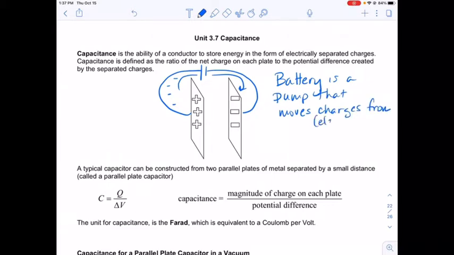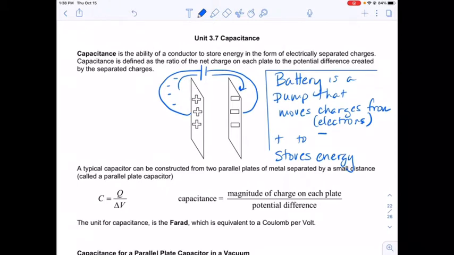Those charges, by the way, are electrons. We remember that positive charges can't move. So the battery is a pump that moves charges from positive to negative. And this process stores energy in that charge separation.